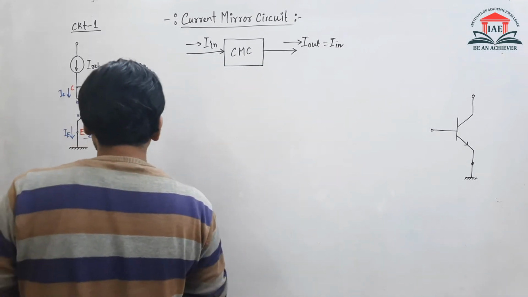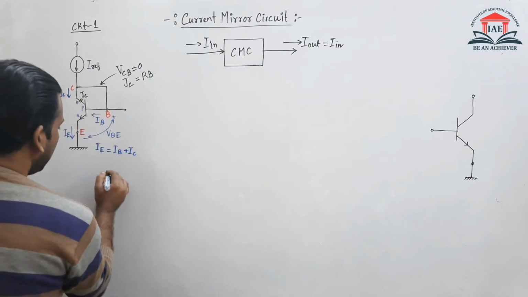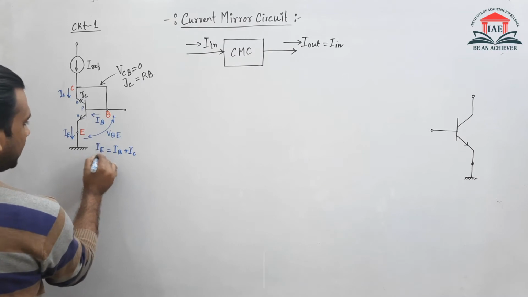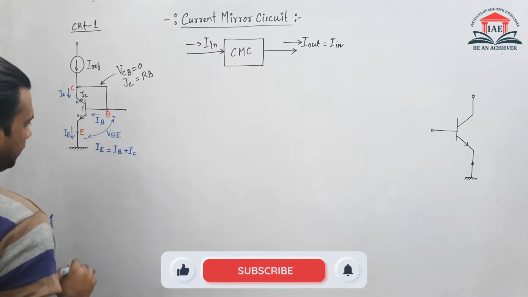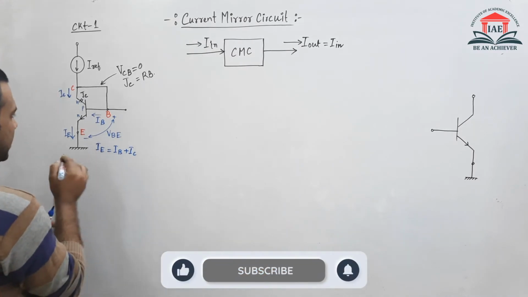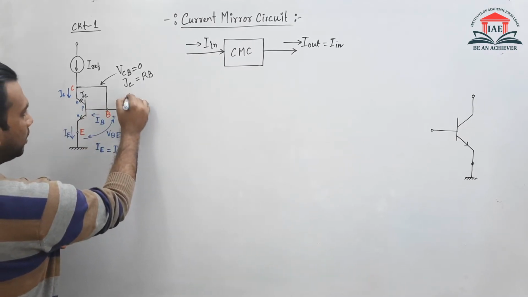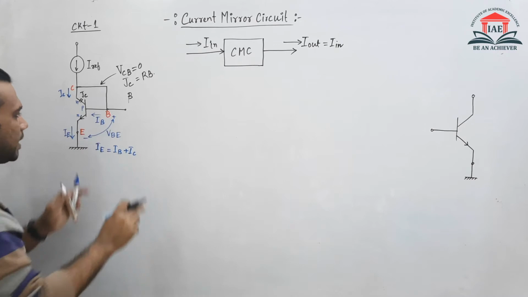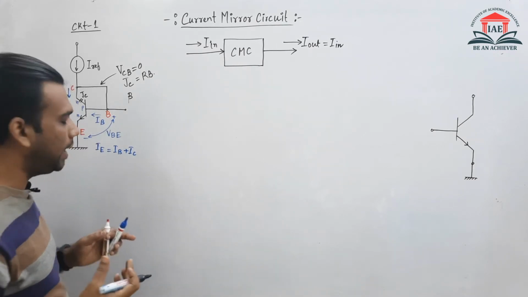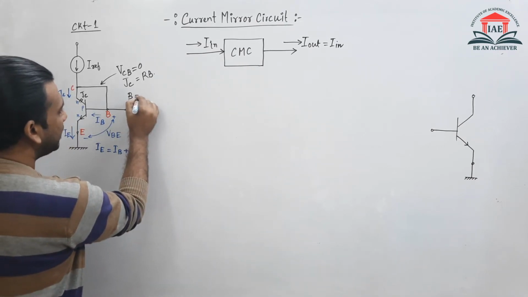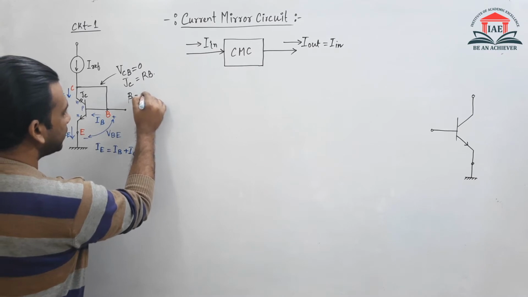From this circuit we can write IE equals IB plus IC, which I saw earlier. Now let us assume that the beta of this NPN transistor is infinite.